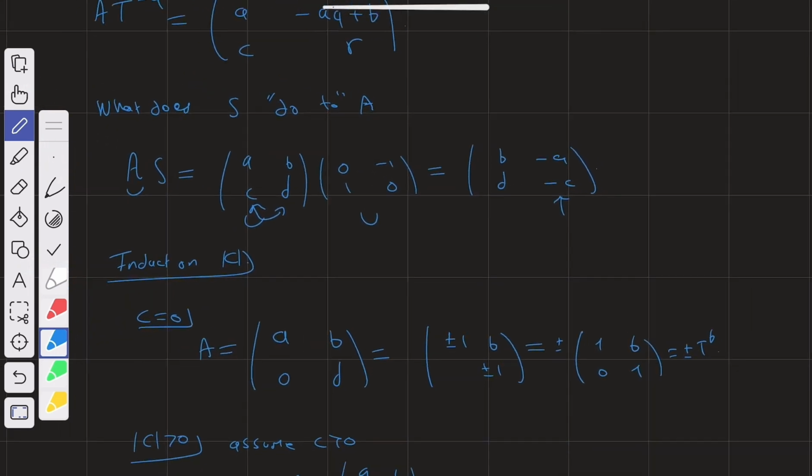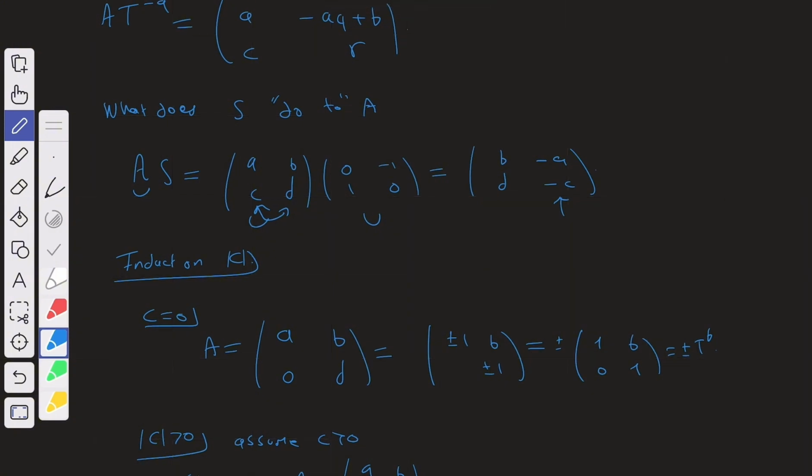We notice that there is a simple case, which is when C is 0. If C is 0, then the matrix should have the form (plus or minus 1, b, 0, plus or minus 1). Why is that? It's because the determinant of A, which is ad minus b times 0 in this case, is equal to ad, and it's equal to 1 by the definition of SL2Z.